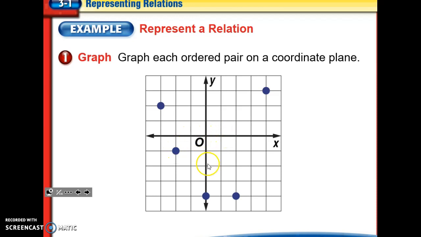I've got 0, -4. I've got +2, -4. And my last ordered pair is 4, +3. So if they ask you to represent the relation as a graph, you would copy this down. Please take a minute, put that in your notes.